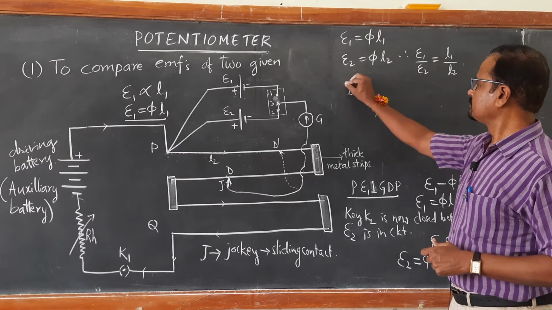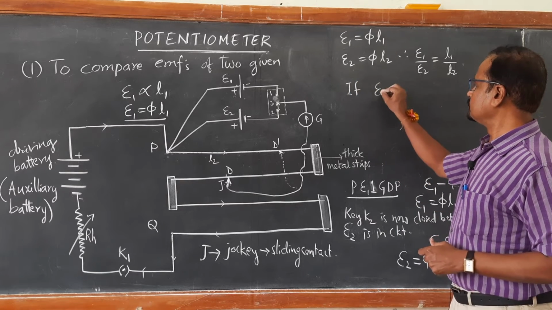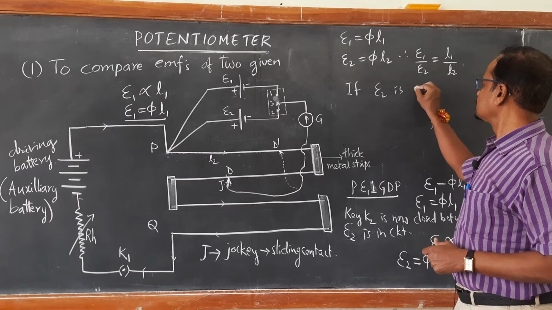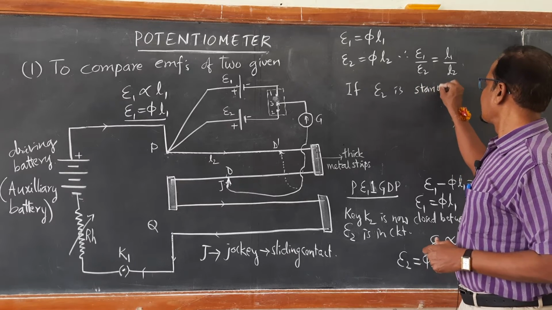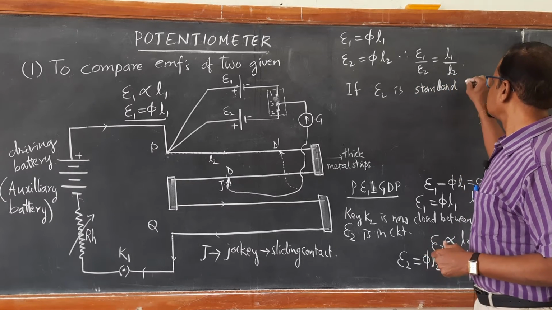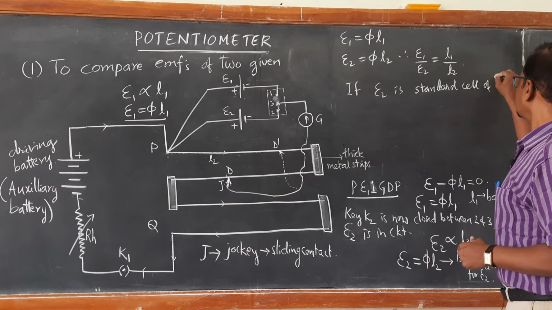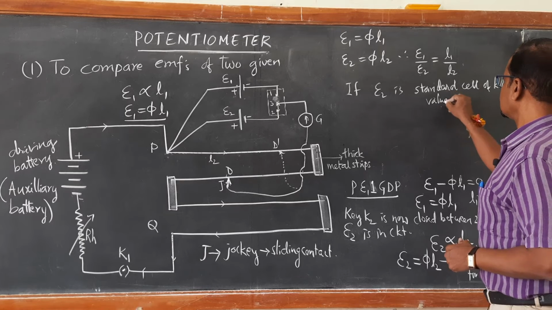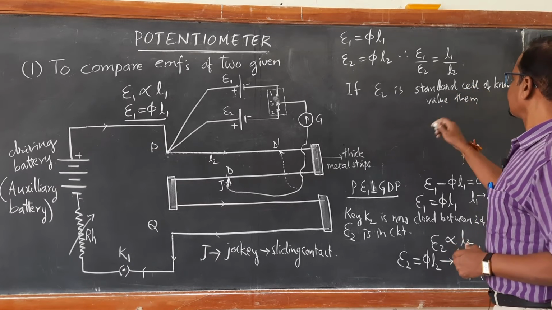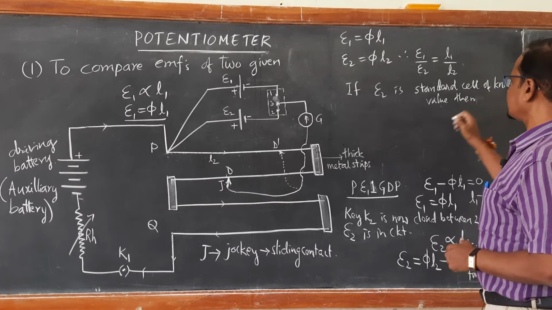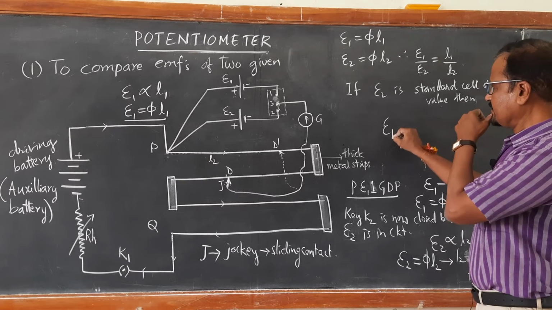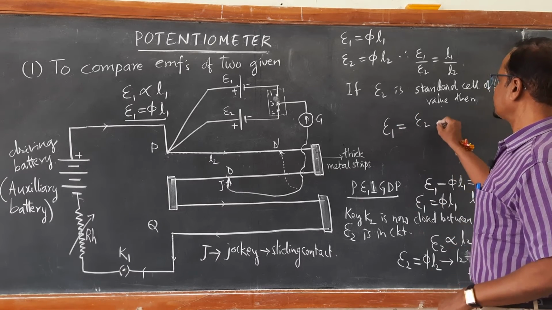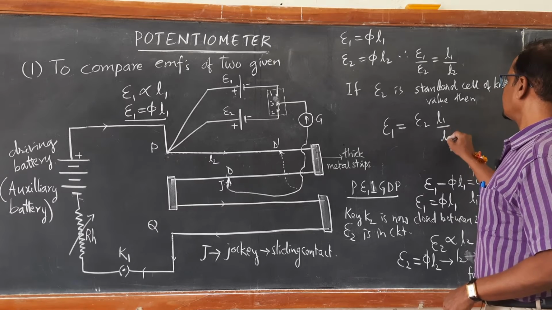If E2 is a standard cell of known value, then E1 can be calculated as E1 is equal to E2 into bracket L1 by L2.